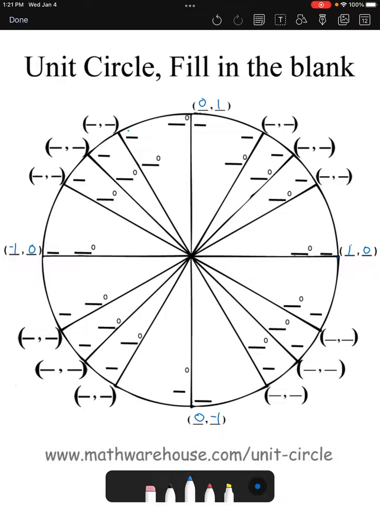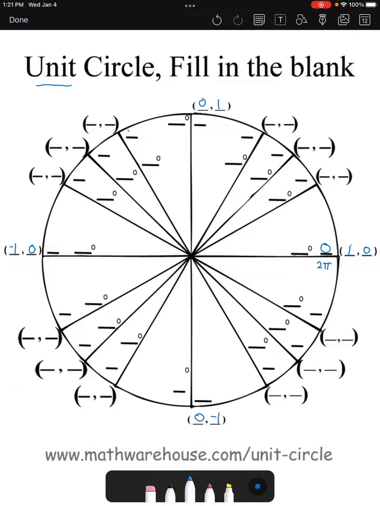But we also know that our circumference was 2 pi. So therefore, if that's 0, if we go all the way around, that's 2 pi, because the circumference of the circle is 2 pi times the radius, and our radius is 1 because it's a unit circle.